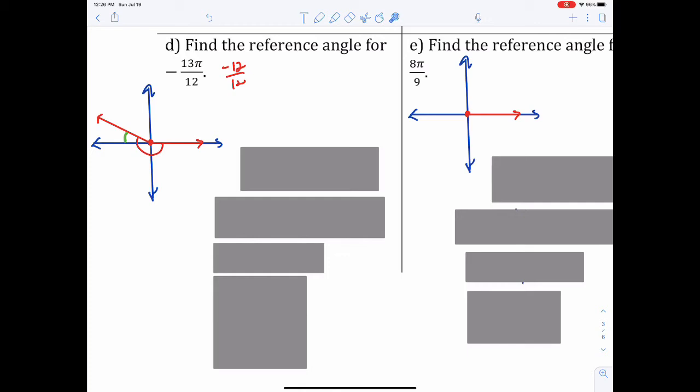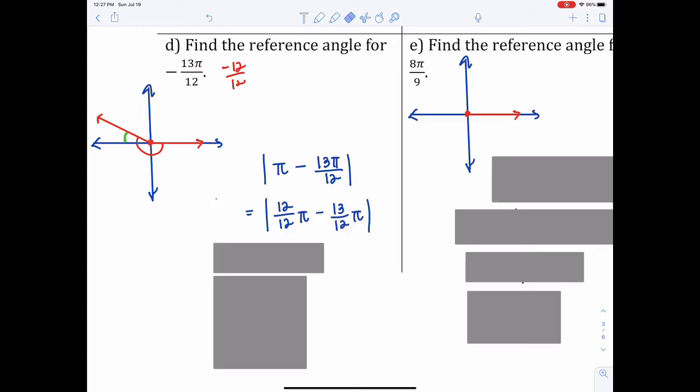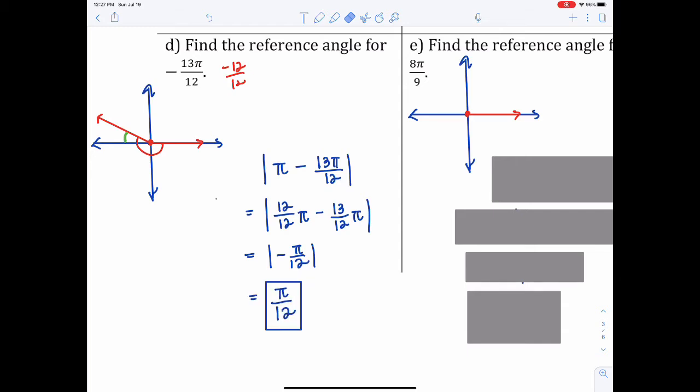So really we could just subtract from pi. So we have pi minus our angle here, 13π/12. We have common denominators created, so pi would become 12/12. And I just like to write my pi's over on the side, so I'm just focusing on the fractions. So if I subtract, I get negative π/12. Absolute value of that would be my reference angle of π/12.